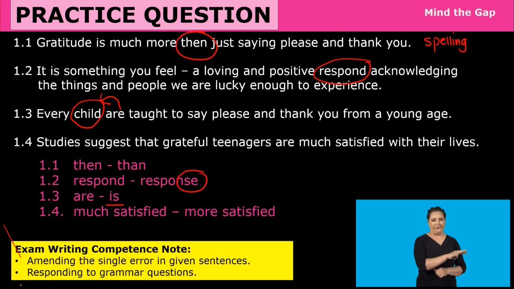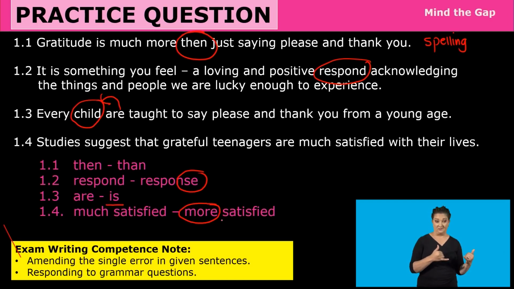And in my next sentence, studies suggest that grateful teenagers are much satisfied, all right? Now remember, it should be more satisfied because we're looking at degrees of comparison, all right? And when something goes in the comparative, we use the ER ending.